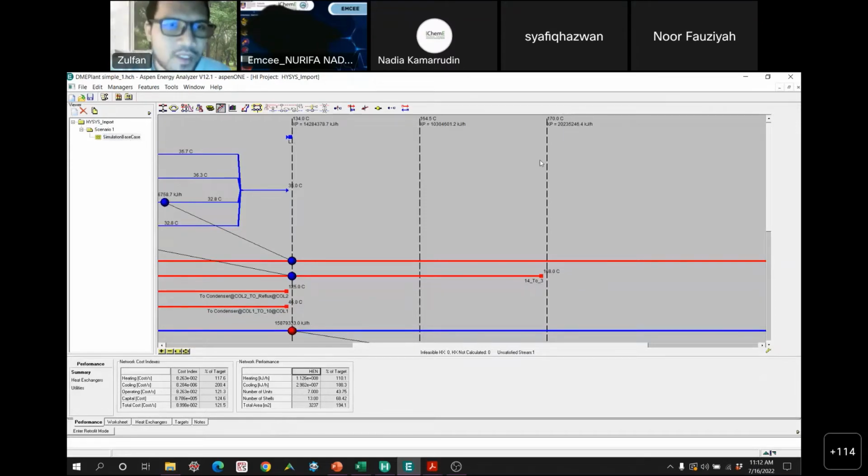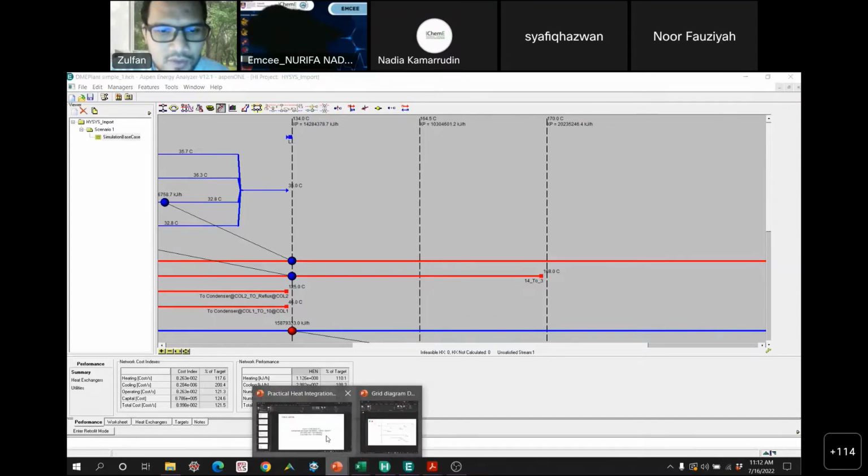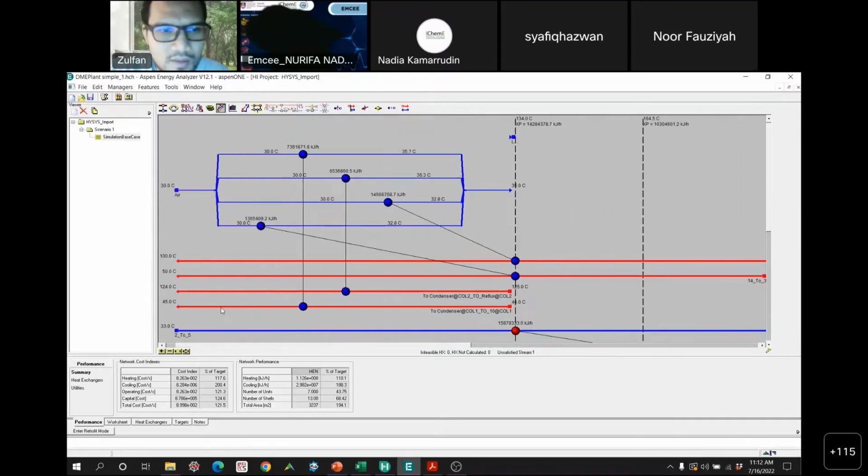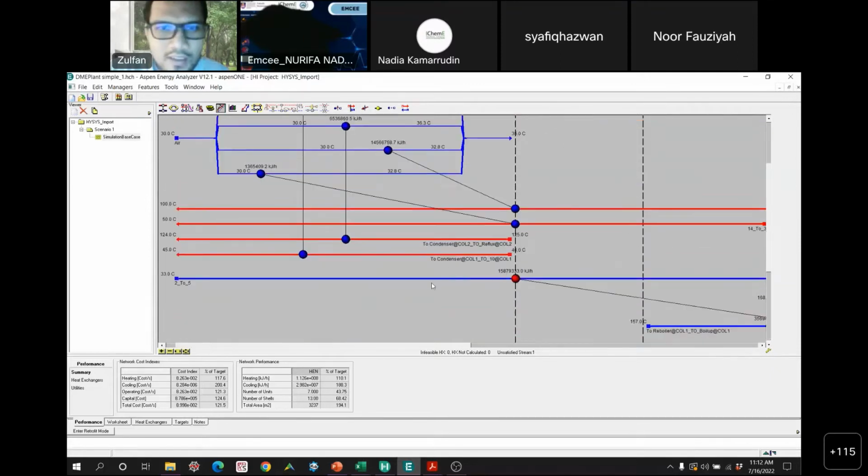So don't be intimidated or surprised by this. This part is the one that I mentioned to you, the process heat utility. This is not so handy. People in the field, we don't use this. We have to tick this and tick that, and scroll this and scroll that, and the way it works is just to give you an idea.